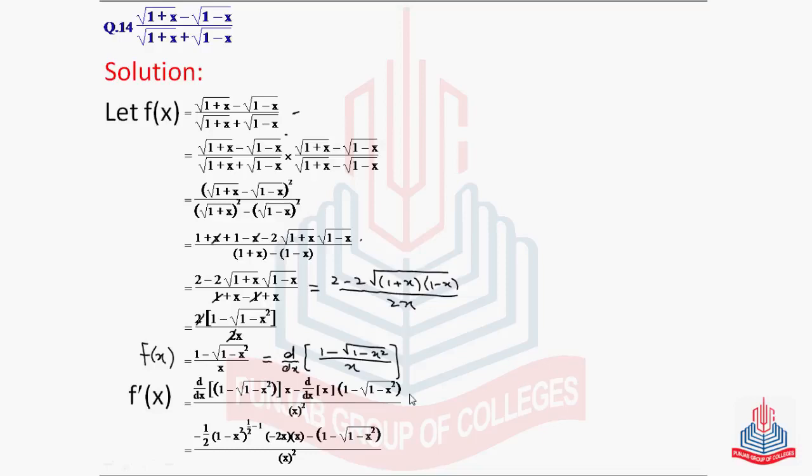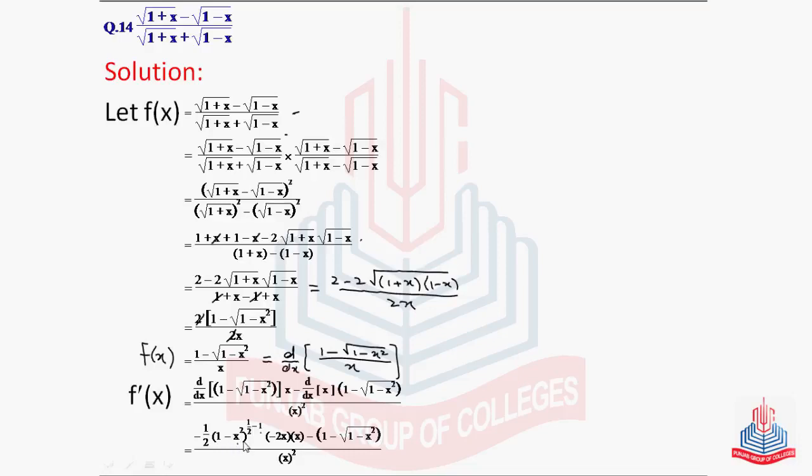So when we apply derivative on this part, derivative of 1 will become 0, this minus will be as it is. We use our power theorem on this expression, so that will become 1 by 2, (1 minus x square) raised to the power 1 by 2 minus 1, and then derivative will apply on the inner function 1 minus x square.